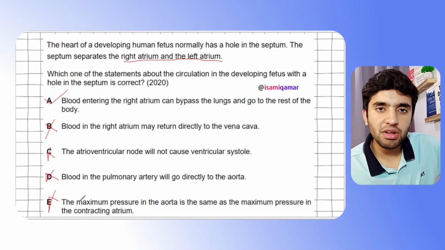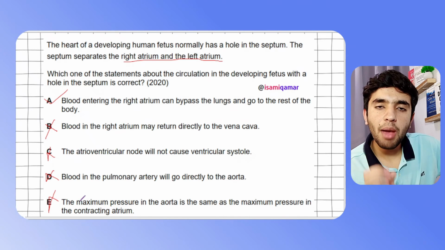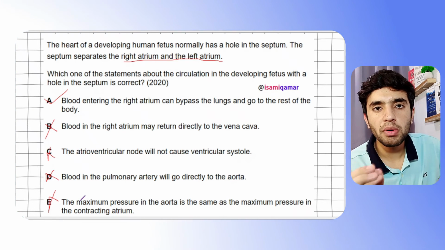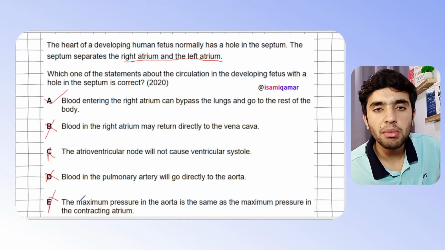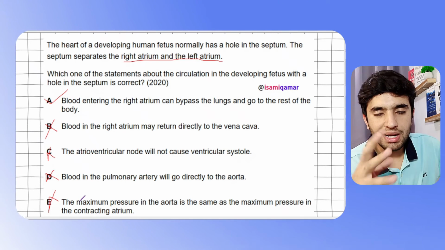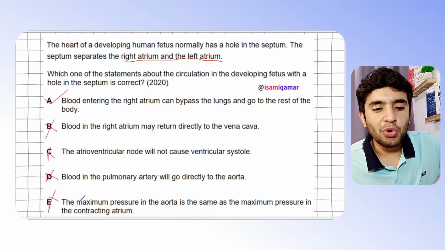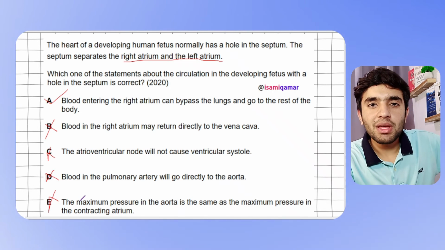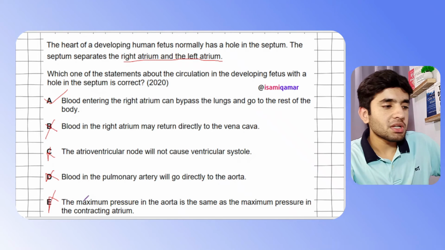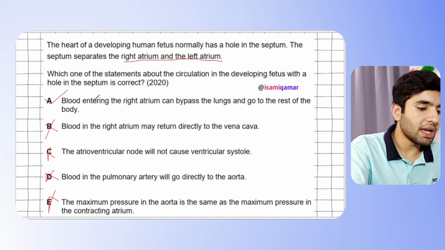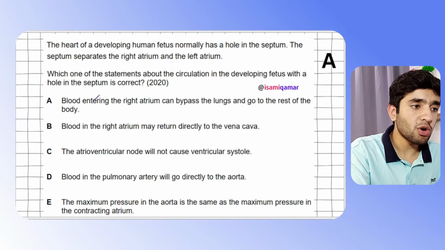But when it comes to the ventricle, there will be 120 mmHg. That's your blood pressure. Systolic blood pressure is 120 mmHg and diastolic pressure is 80. It is not going to be the same pressure. So the only option that is true is A.